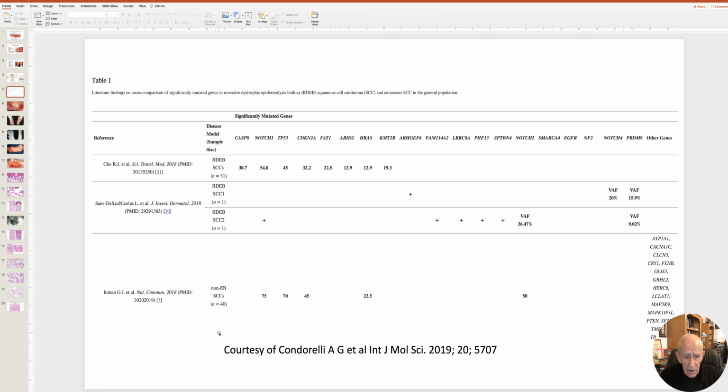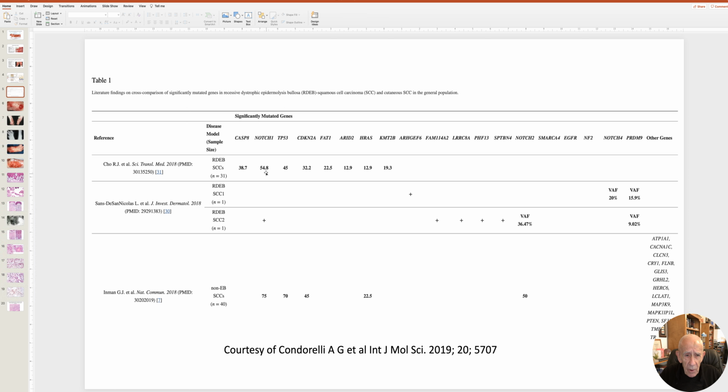Now, this is another useful table that I got from Condorelli's article, and it's comparing patients with recessive dystrophic EB and skin cancer versus skin cancer arising in patients who do not have epidermolysis bullosa. It's interesting that pretty much the same genes are affected in both sunlight-induced skin cancer and in EB-related diseases.